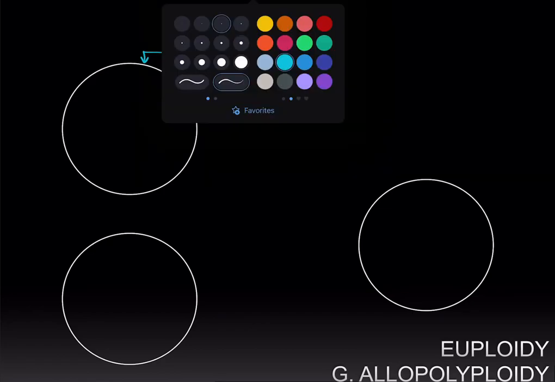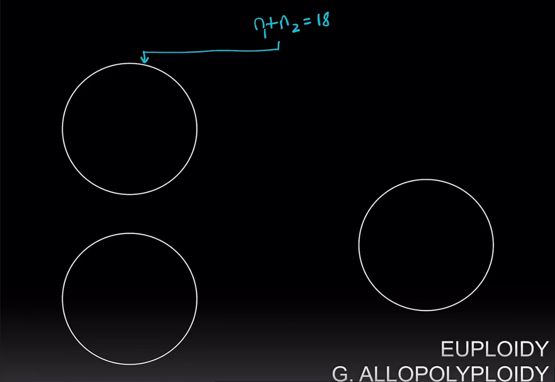However, this new plant, although it's viable, is unable to produce progeny, is infertile. And the reason for that is that the chromosomes are homologous.